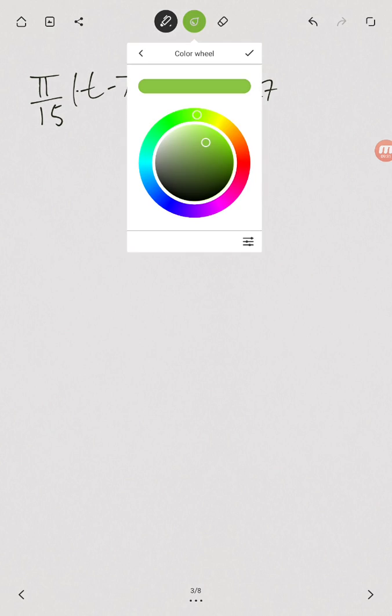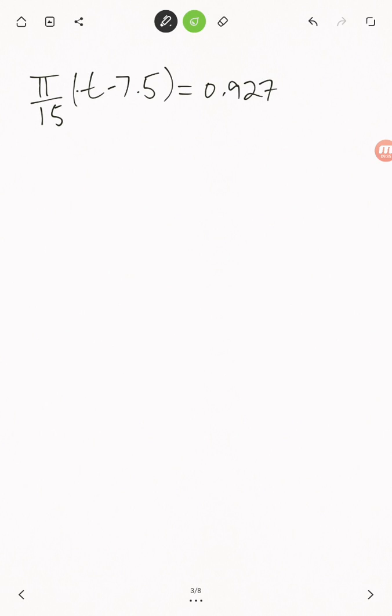I'm going to, oh, I'm already on green, okay. I'm going to multiply the whole thing by 15 over pi to get rid of the pi over 15 over here.